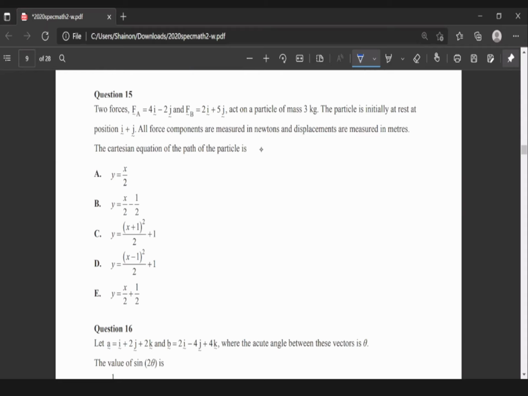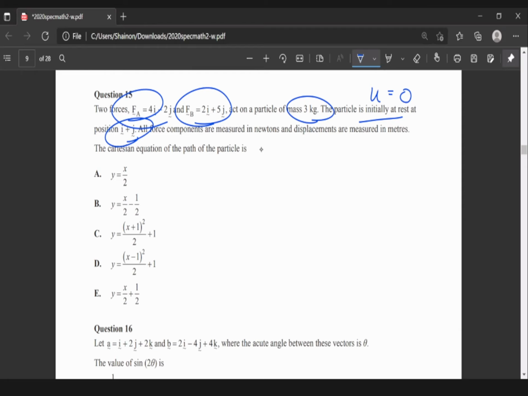Question 15. Two forces FA equals that. So first force is here, second force here. The mass is 3. Initially at rest, so U equals 0. At the position of this, so we know the initial position. So the Cartesian equation of the path.